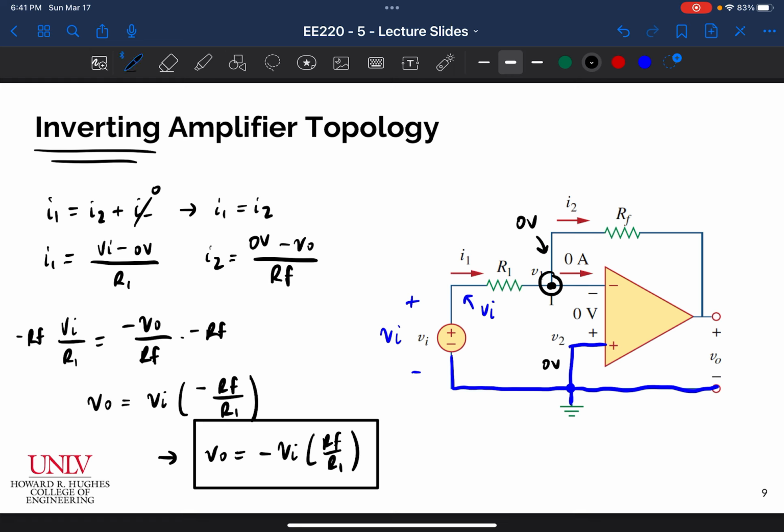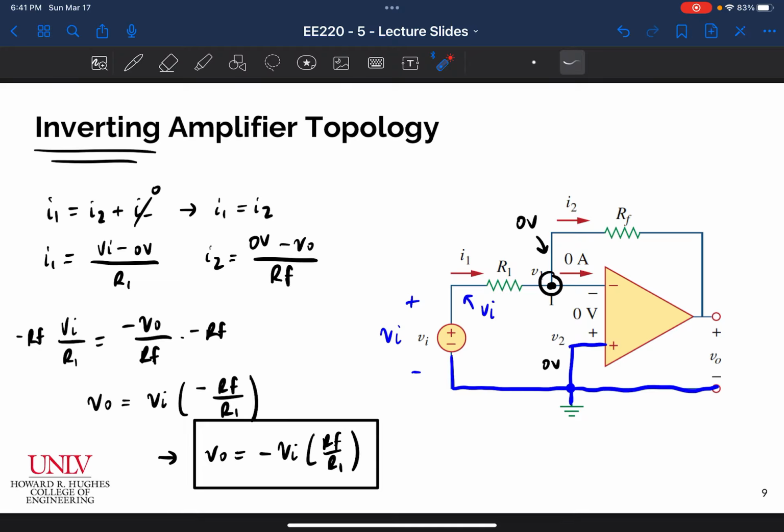If we ever see an op-amp configured as such, where we have our input voltage fed into the minus side through a resistor, and then we have a feedback resistor connected in between, this is the inverting amplifier topology, and we can always use this equation to determine our output voltage.